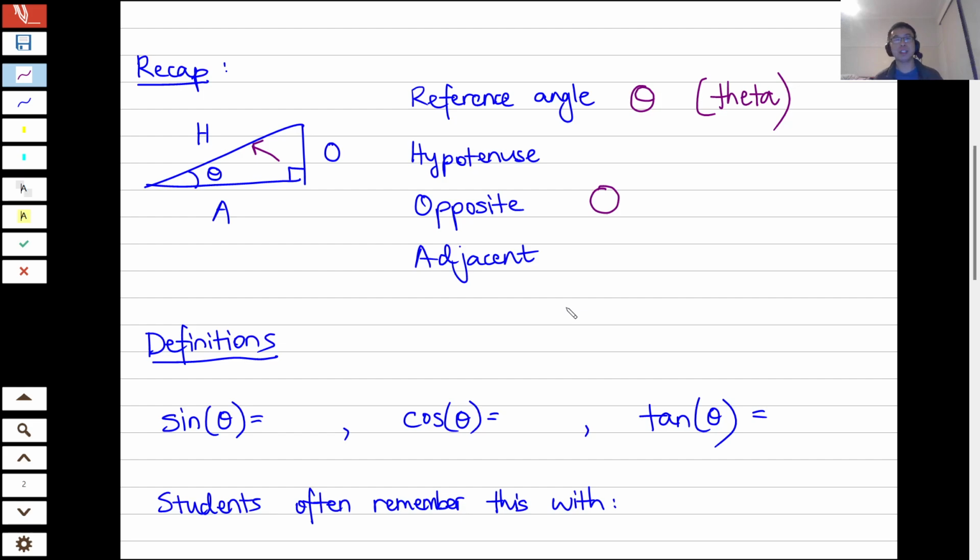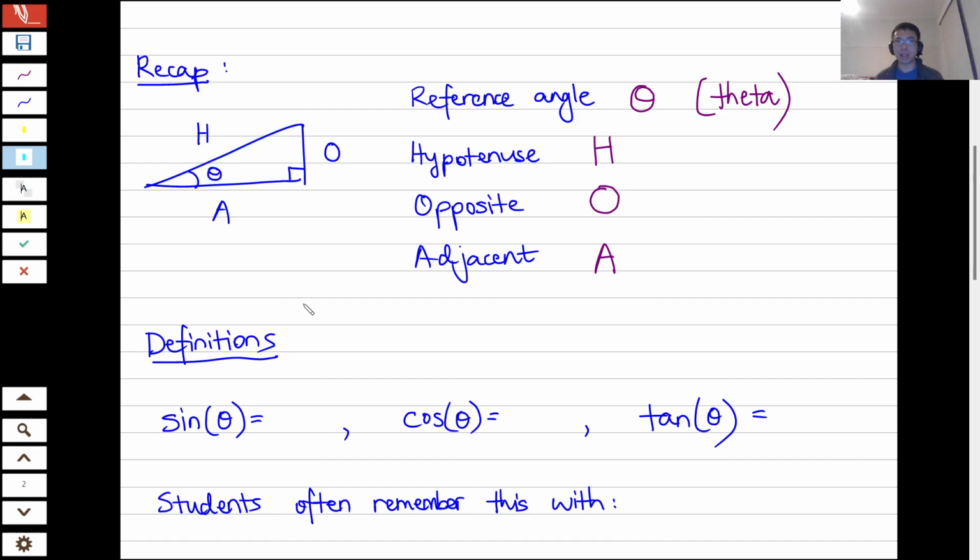It is still the longest side in the right angled triangle, and it is the side that is facing outwards from the right angle, and I labeled that H. The remaining side is the adjacent side, which I labeled capital A. And if I think of the angle as touching two sides, A is the side which is not the hypotenuse.